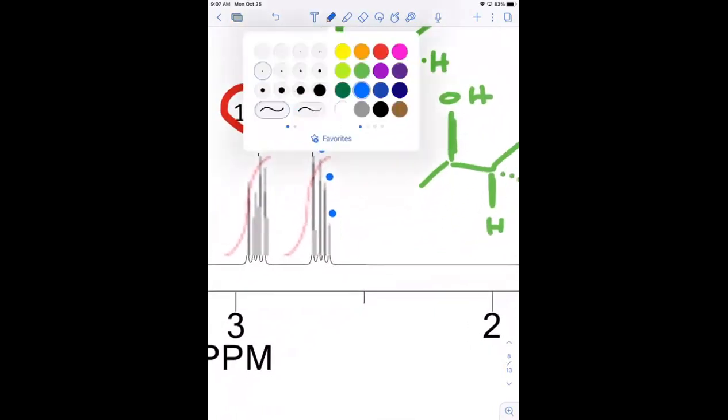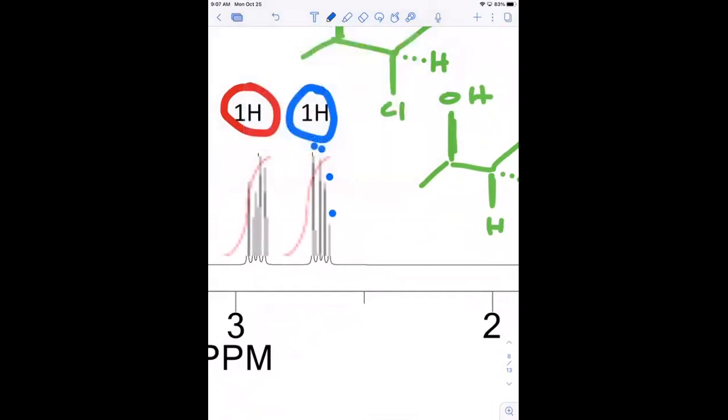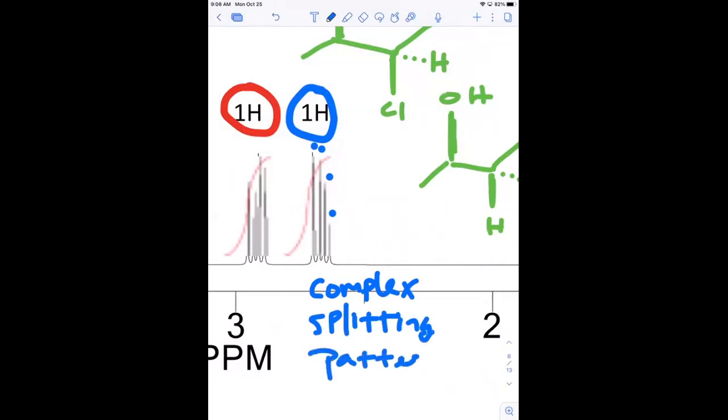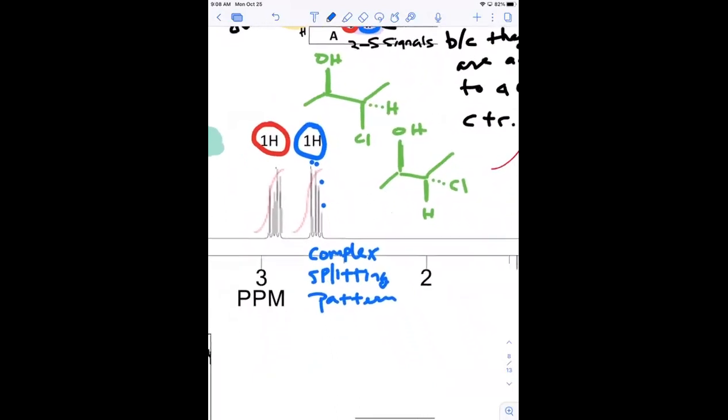The reason why it's not symmetrical is because this is a complex splitting pattern.